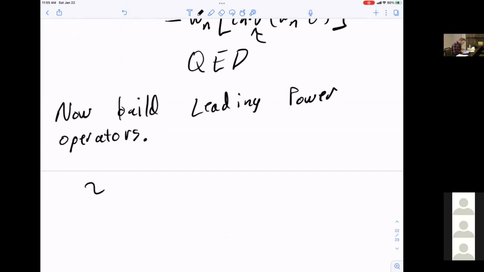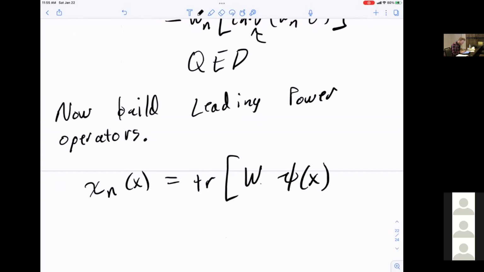So my quark fields are easy. This is some sort of trace over my gauge indices that are at the point x. Remember, Wn is a Wilson line, so it has two gauge indices associated with it. One sitting off at infinity, it has no gauge transformation properties.